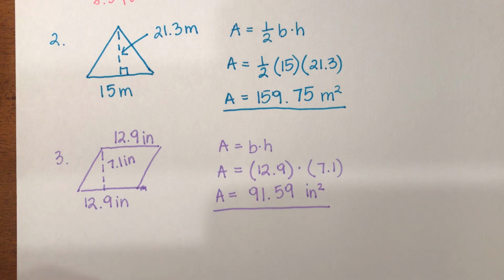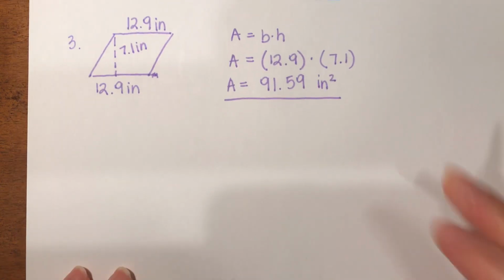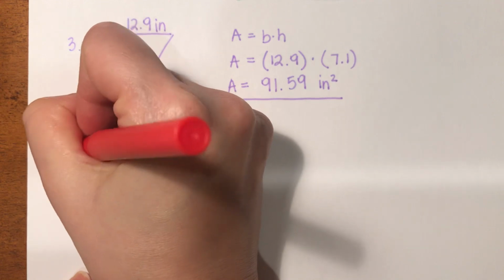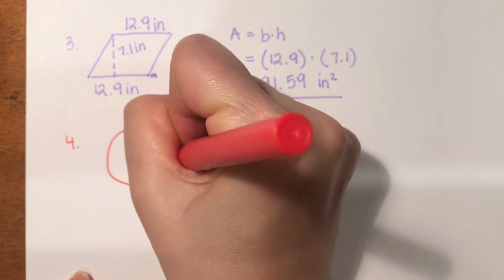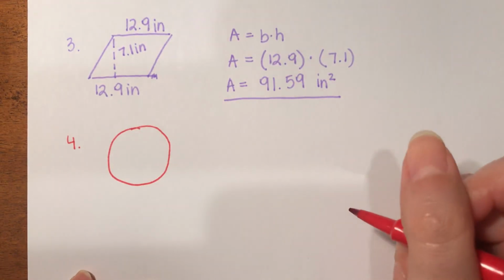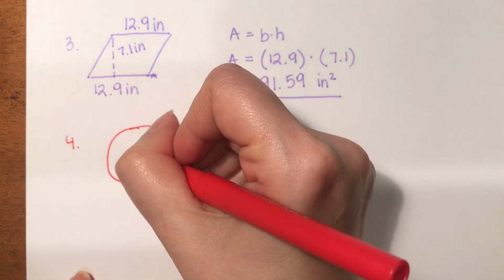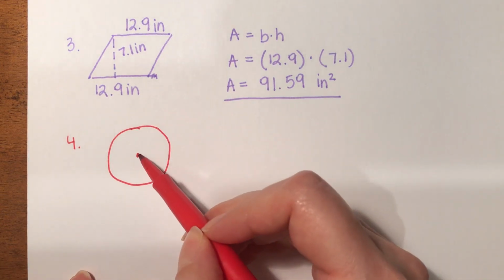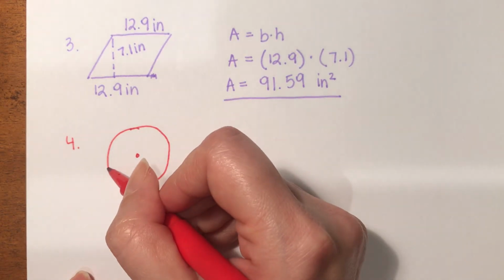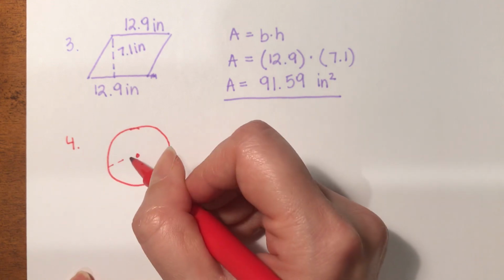is a circle. I don't know how well I'm gonna be able to draw that, but we'll see. It's pretty bad. Well, it is what it is. Here's a circle, and that's the center of my circle. And then we have a diameter.